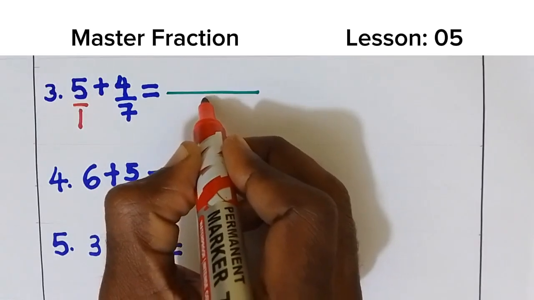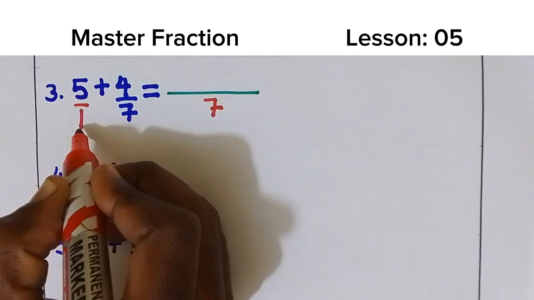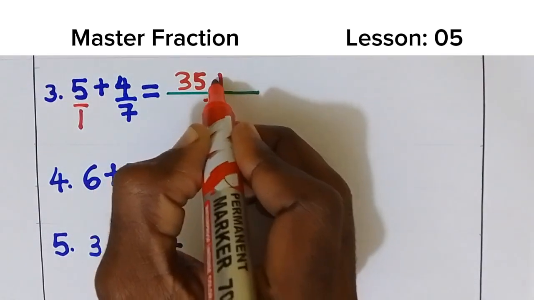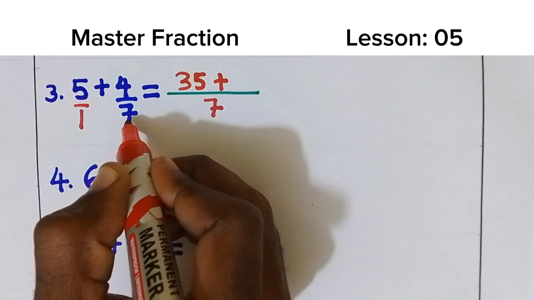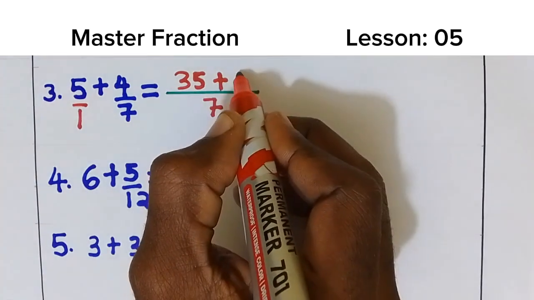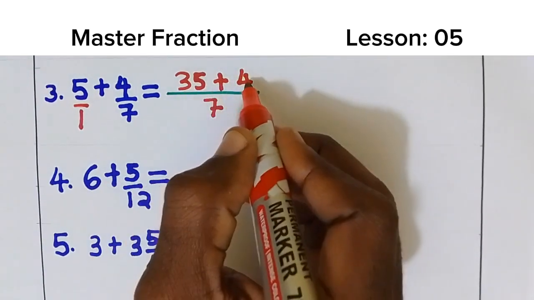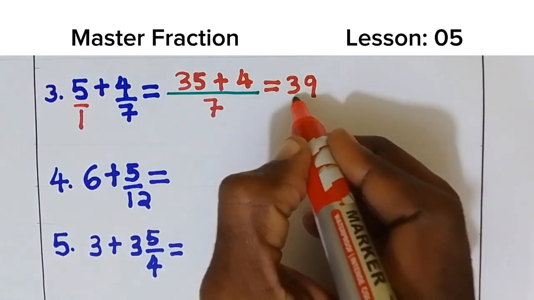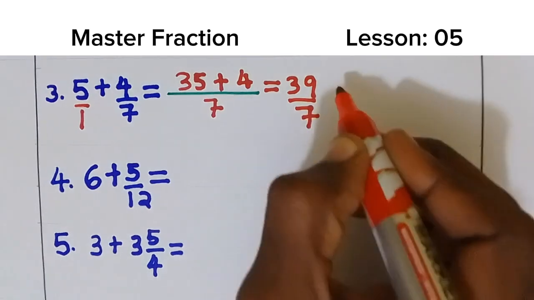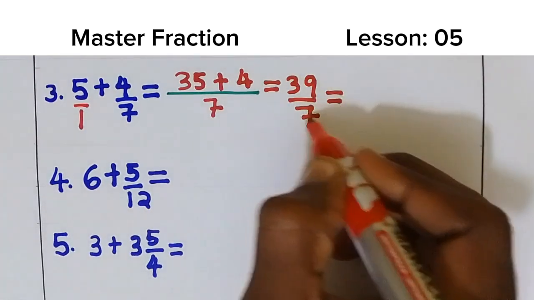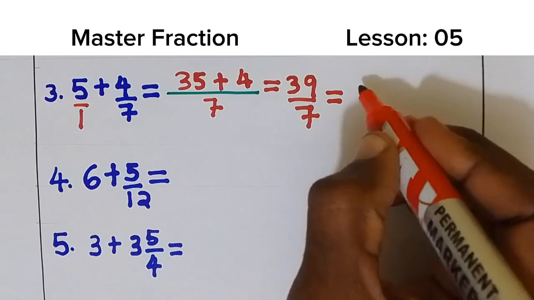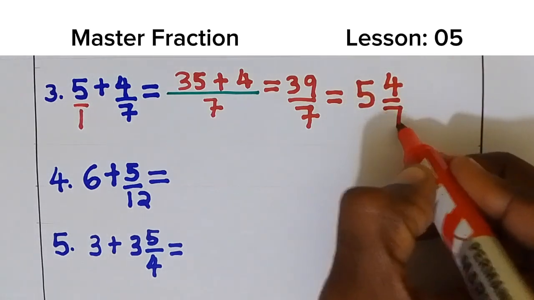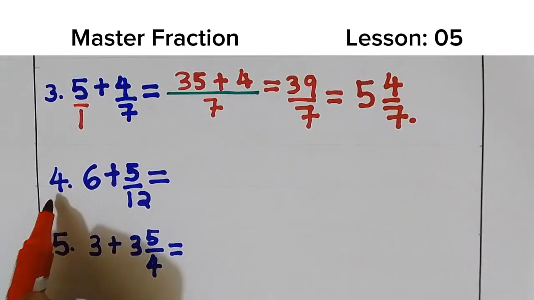The LCM is 7. 7 divided by 1 is 7. 7 multiplied by 5, we are going to get 35. 7 divided by 7 is 1. 1 multiplied by 4 is equal to 4. 35 plus 4, we are going to get 39 over 7, which when we change it into a mixed number is going to be 4 over 7.